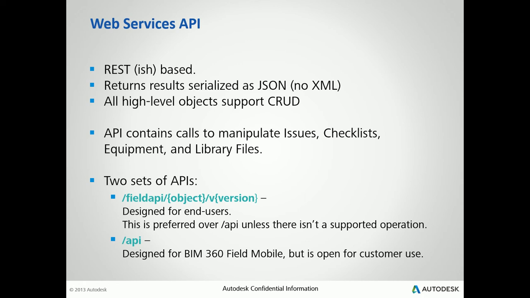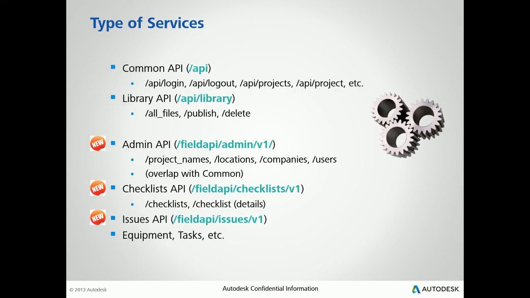We have two main sets of the APIs. One is the Field API, the name of the object, the version that we want to access, and the API folder, which contains some other options of the API. So here are a few folders: API, API library, Field API, admin, checklists, and issues.